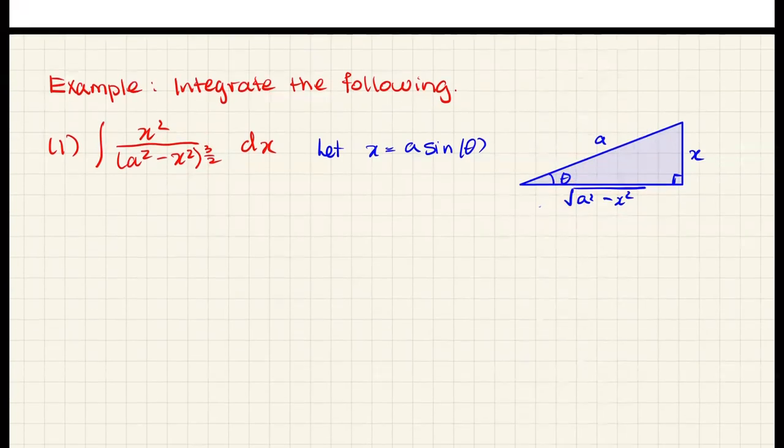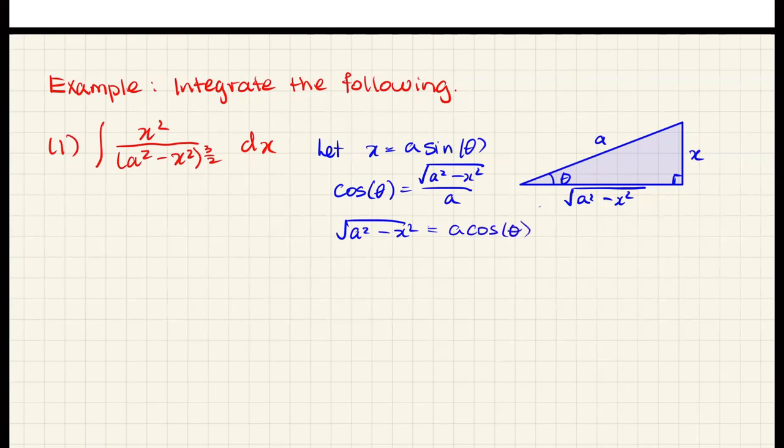So we would have cos theta equal to the square root of a squared minus x squared divided by a. So that means the square root of a squared minus x squared is going to equal a cos theta. And then if we cube both sides, so take this to the third power, we would have a cube here and we have a cube here.